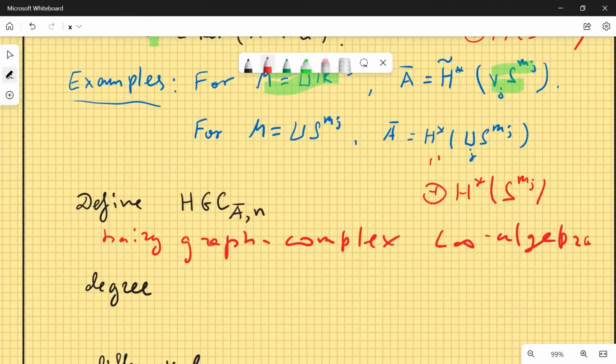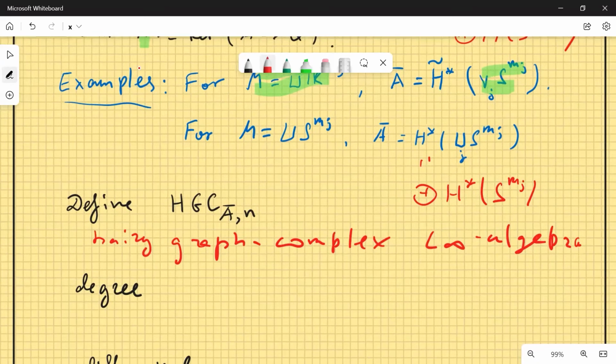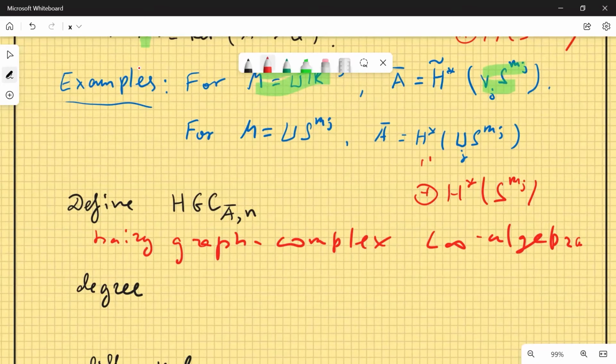So we consider the hairy graph, like it was in the talk of Benoit, with the difference that now the hairs are going to be labeled by the elements of our algebra A bar. So the a_i are going to belong to A bar.